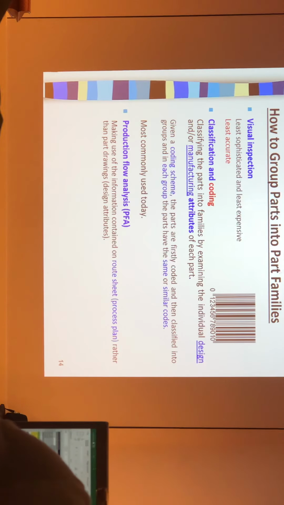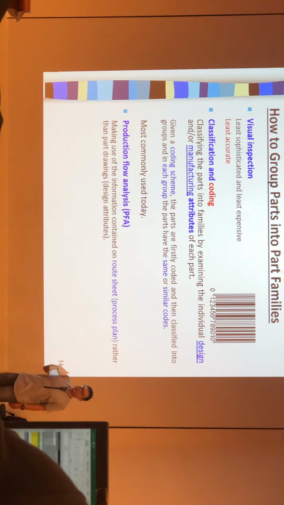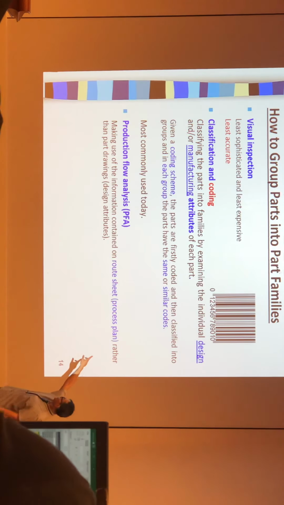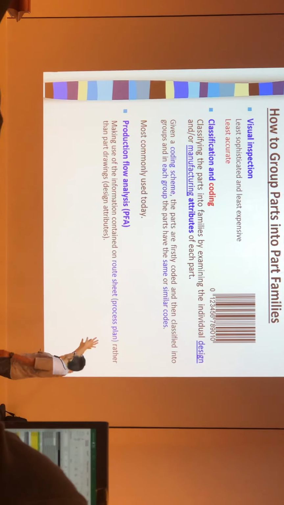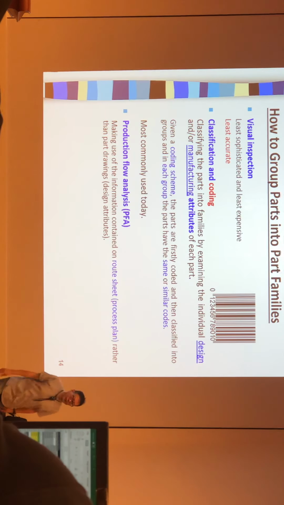This analysis simply identifies manufacturing part families. The first method could go for design, mainly, but can also go for manufacturing part families. But this one is purely on manufacturing part families.